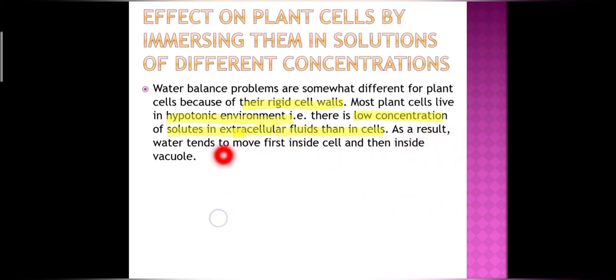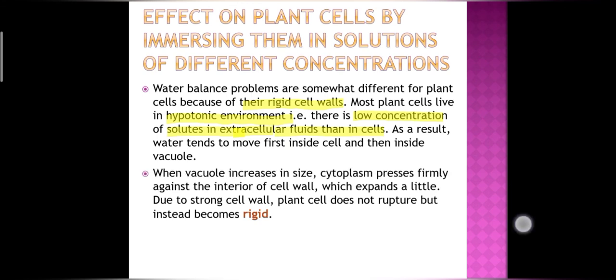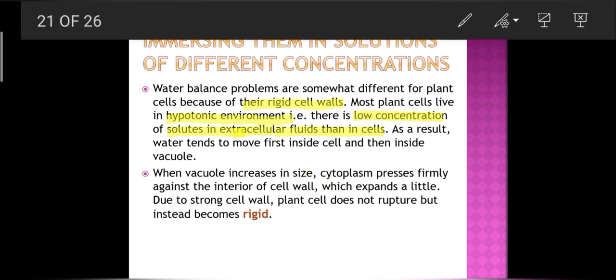As a result, water tends to move first inside the cell and then inside the vacuole. So when water enters into the vacuole, then the vacuole increases in size and it presses the cytoplasm firmly against the interior of the cell wall, which expands a little.